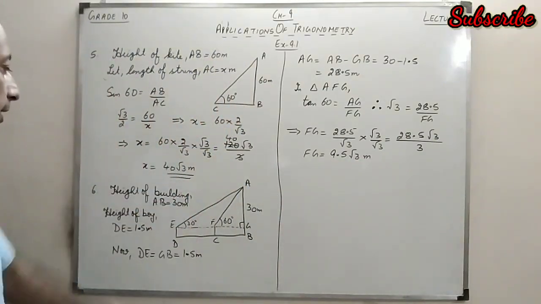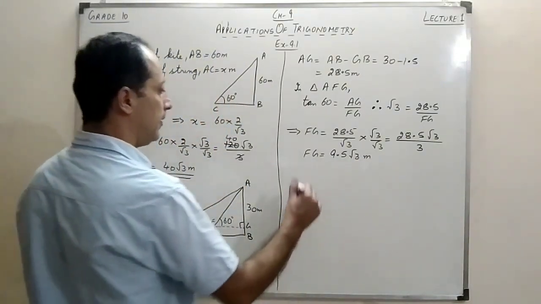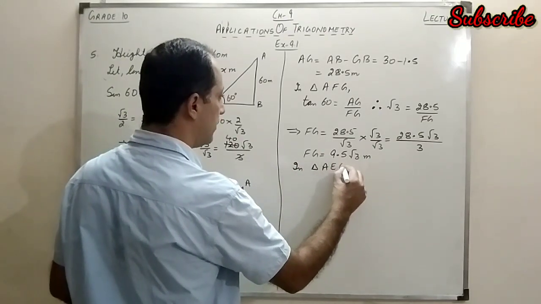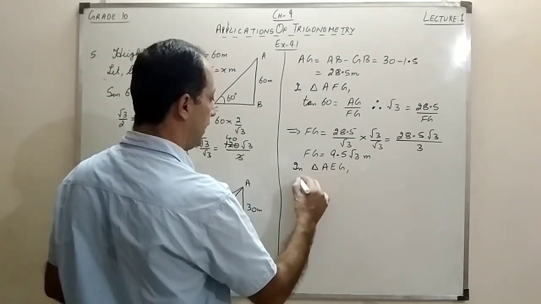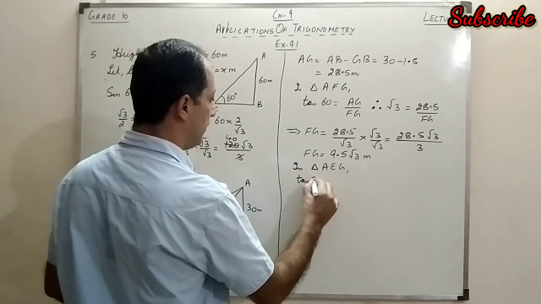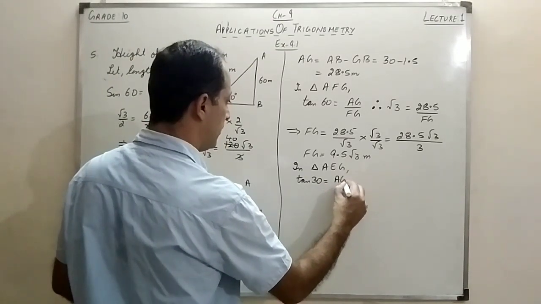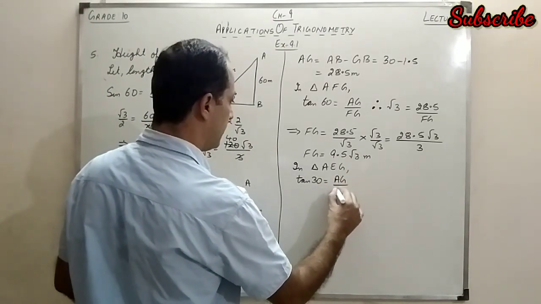Then we take the other triangle, AEG. In triangle AEG, again I apply tan 30, which is equal to AG upon EG.